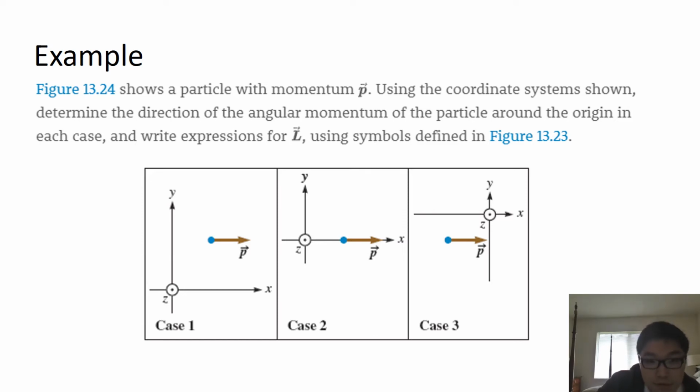Determine the direction of the angular momentum of the particle around the origin in each case, and write an expression for L, the angular momentum, using symbols defined in the figure below.